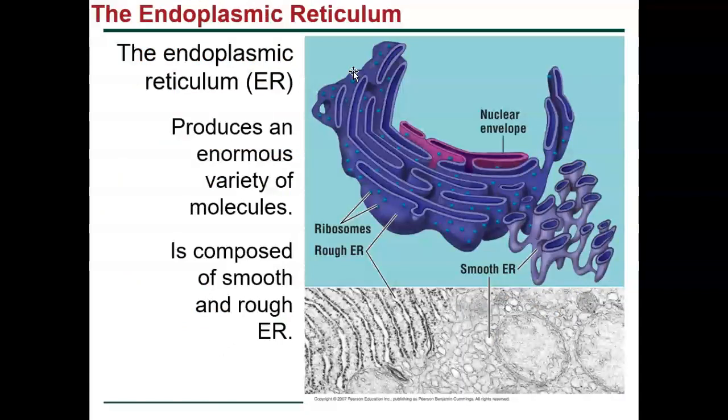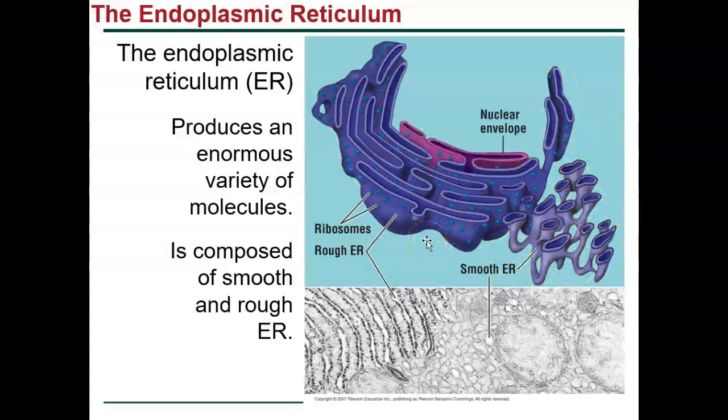So let's talk about each one of these things in more detail. So the endoplasmic reticulum, this is called the ER, but you need to know the entire word. This produces an enormous variety of molecules. So we've got both the smooth endoplasmic reticulum and the rough endoplasmic reticulum.